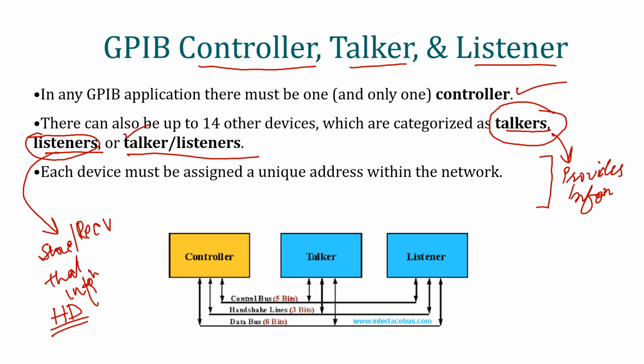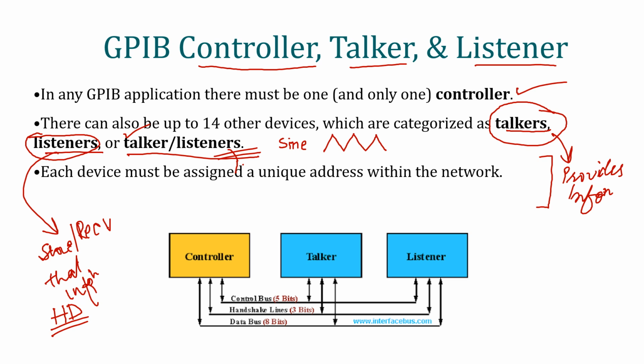At that time it is behaving like a talker, but when the controller or another device is configuring it, it may work as a listener, because we are giving some information to it, whether we want a sine wave or a triangular wave or a sawtooth wave. At that time it becomes a listener.